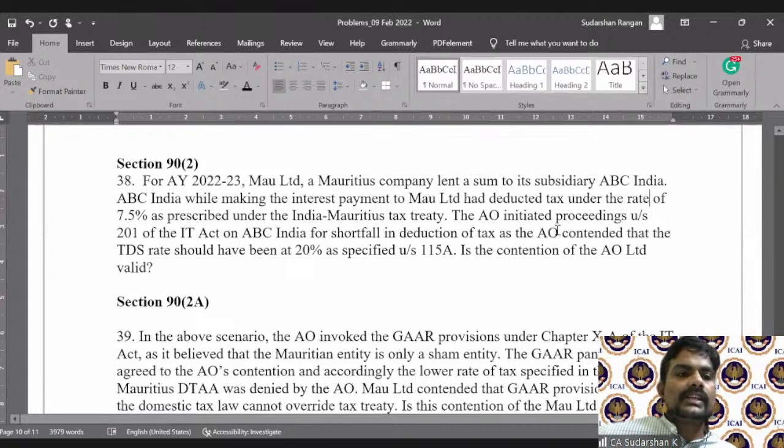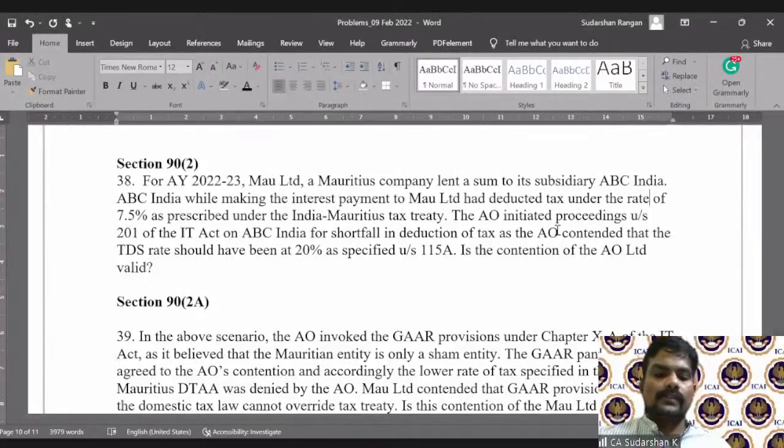The AO initiated proceedings under section 201 of the IT Act for shortfall in deduction of tax, as the AO contended that the TDS rate should be 20% as specified under section 115A. Is the contention of the AO valid?